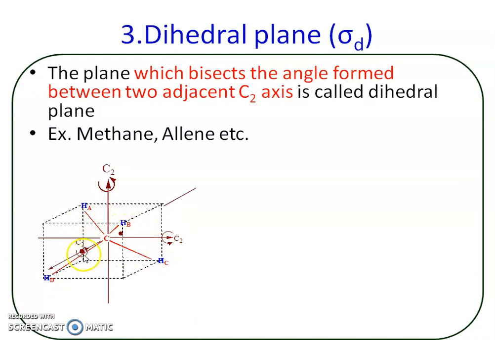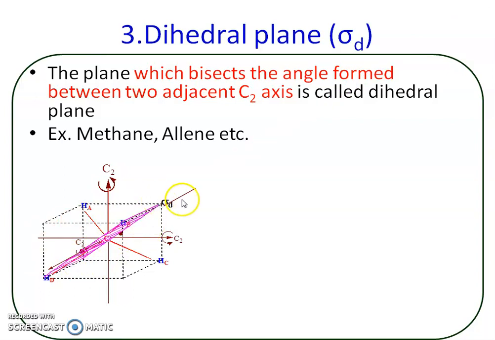The axis passing through these two centers as well as through the carbon is another C2 axis, the third. Along this axis, when the molecule is rotated, again we get an equivalent or identical structure. In this way we considered three C2 axes in a methane molecule.